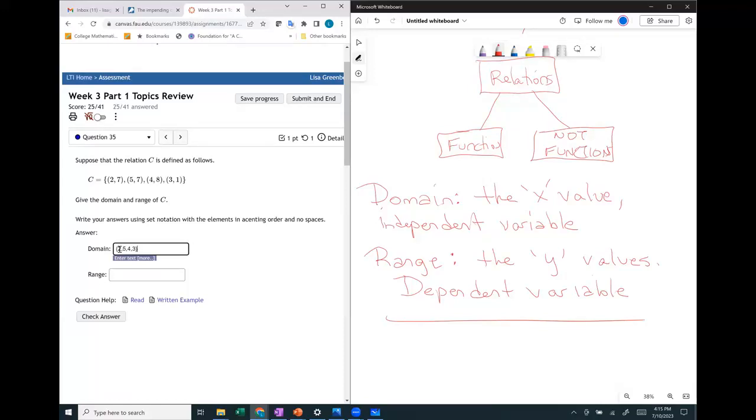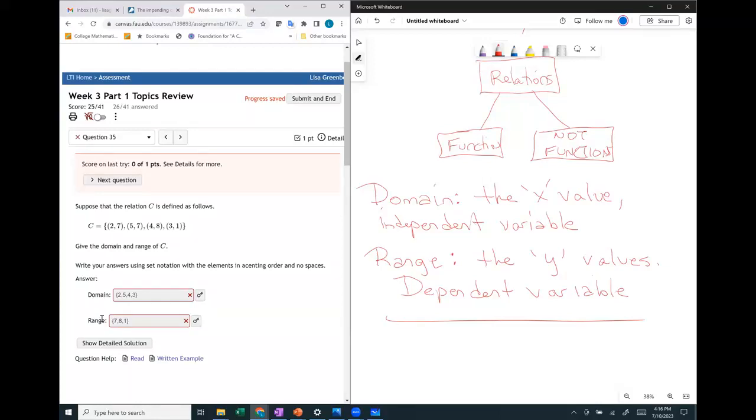That's my domain. Range: I have a 7, and another 7, but I only need 1. 8, comma, 1. Notice I don't have to put them in any order, because it's just a set of things. Sets don't have to have order.